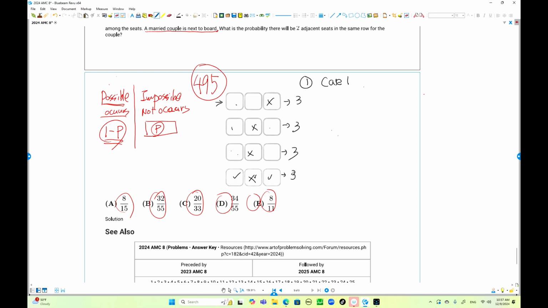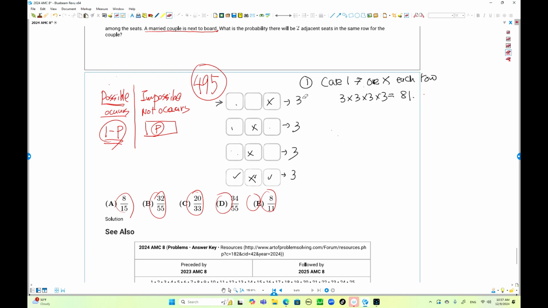So how many different arrangements? 3 times 3 times 3 times 3, which is 81. Case 1, one empty seat in each row: 3 to the fourth power is 81.